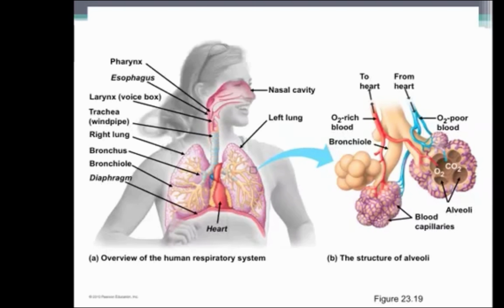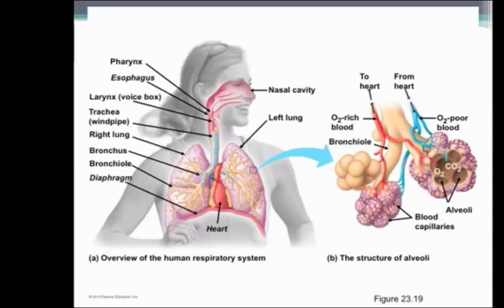Now you can see the bronchiole also is there, and that's a smaller tube. That's actually a terminal bronchiole, which is the smallest as they get when they go into the alveoli, so the air coming in is going through the bronchiole to the alveoli so it can be exchanged.